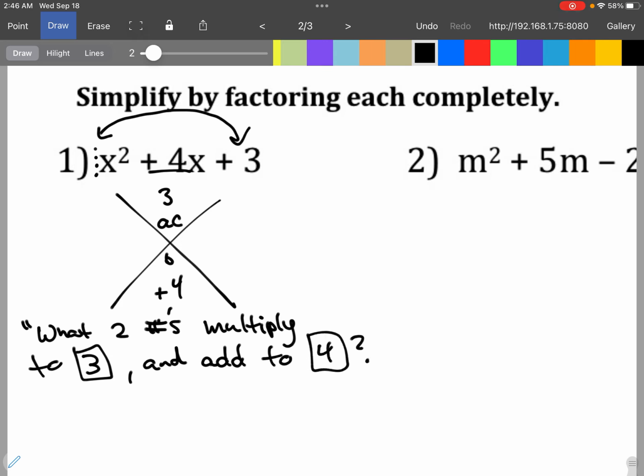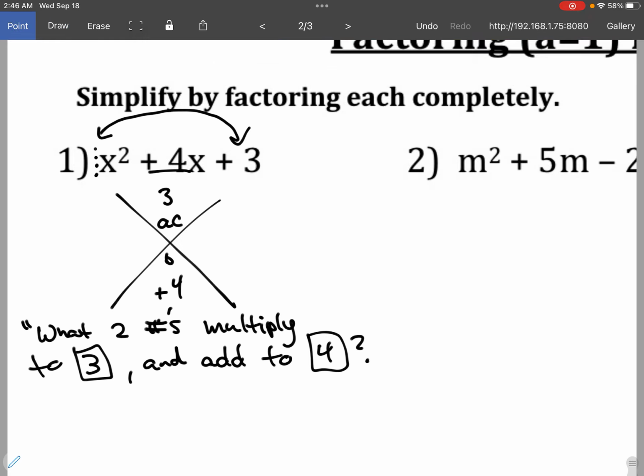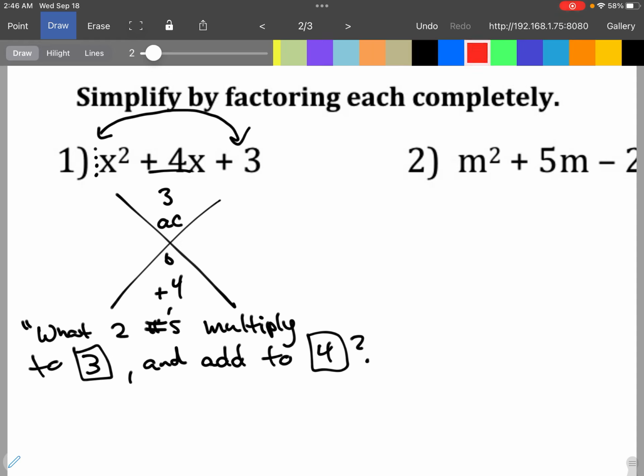That is the question, and that's going to be the question for all of these problems when you're shopping for these two numbers. So I'm looking for two numbers that multiply to 3, add up to 4. At this point, this is where you would go off to the side and list all the multiples of 3. Fortunately, there's only two numbers that multiply to 3, and that's a 1 and a 3. So positive 1 and positive 3.